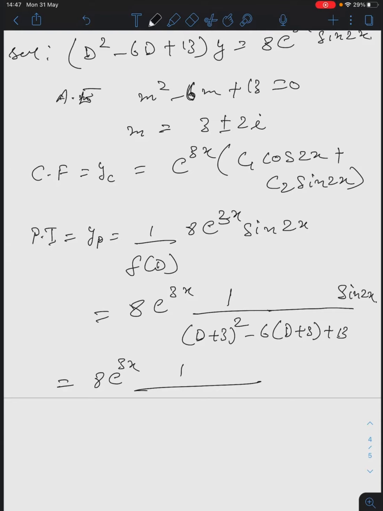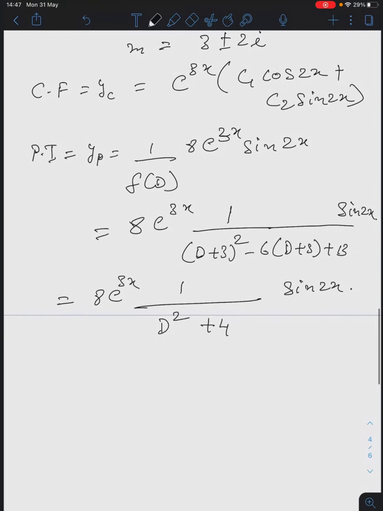Solve it and tell me what you are getting. Only your d square will be there, plus 4. This d will be cancelled. Plus 4 you will get. And this you are applying on sine 2x.